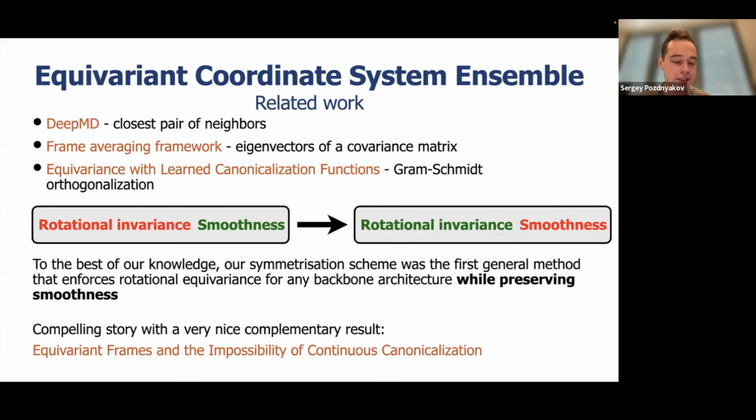This immediately raises the question: maybe we just need to try harder, think a bit more, and eventually we will come up with some absolutely genius construction of a smooth single coordinate system. This result states that no, it is not possible, and there is a formal proof for this. Thus, doing the ensembling, like I presented to you today, is the only way to go if we want to preserve smoothness.